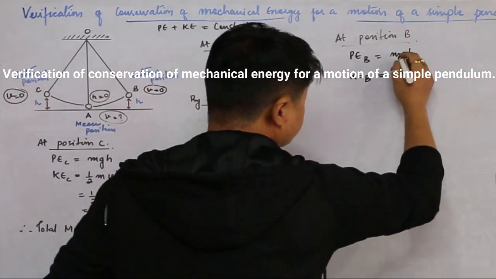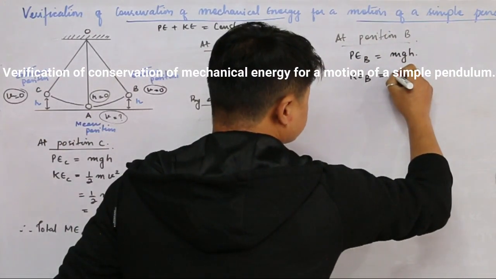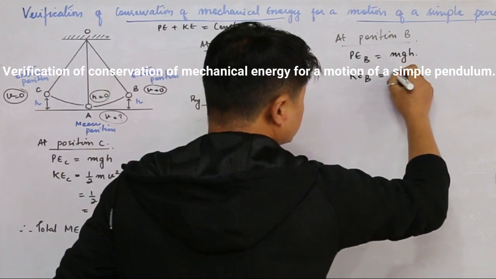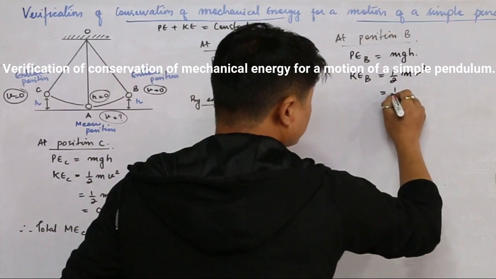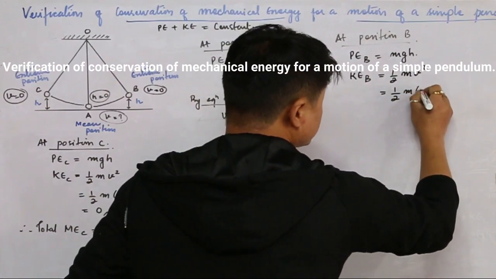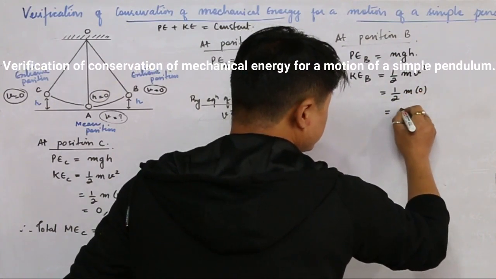So kinetic energy is half mv square, equal to 1 by 2 m times velocity 0, which is 0.